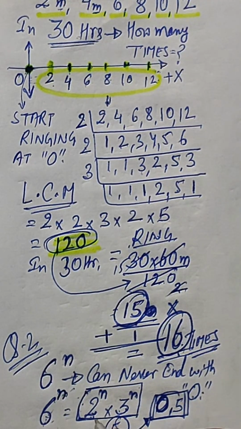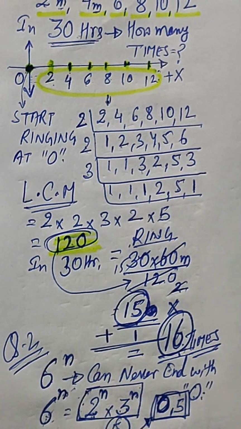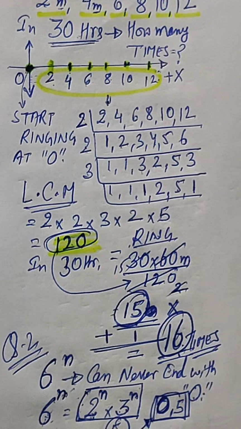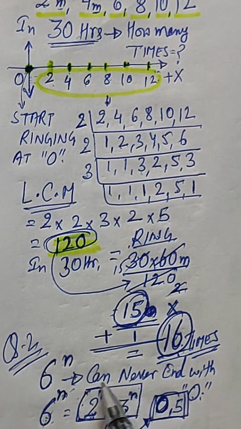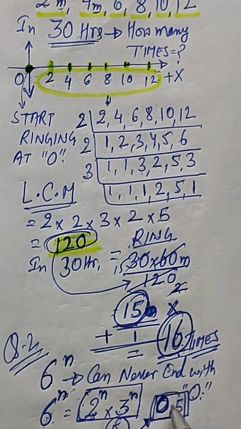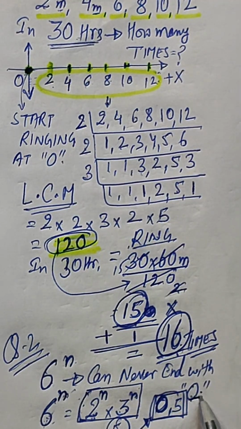Because the factors of 2 or 3 will... So we can see that the question is that 6 power n will never end with 0. So to end with 0, just see it this way.